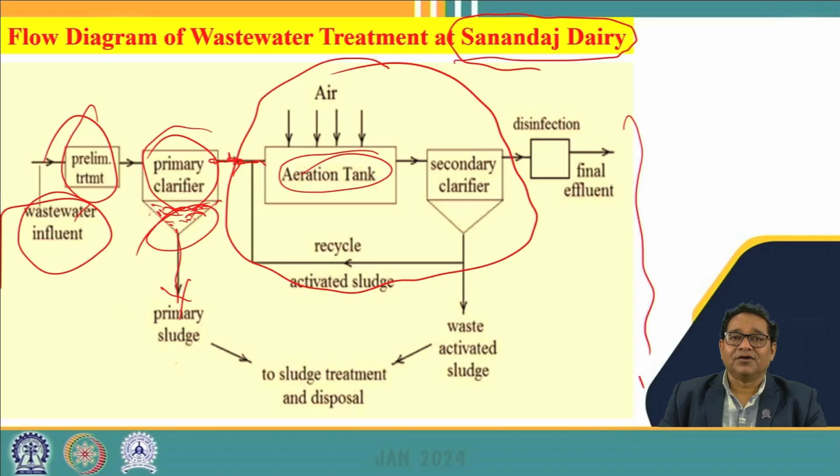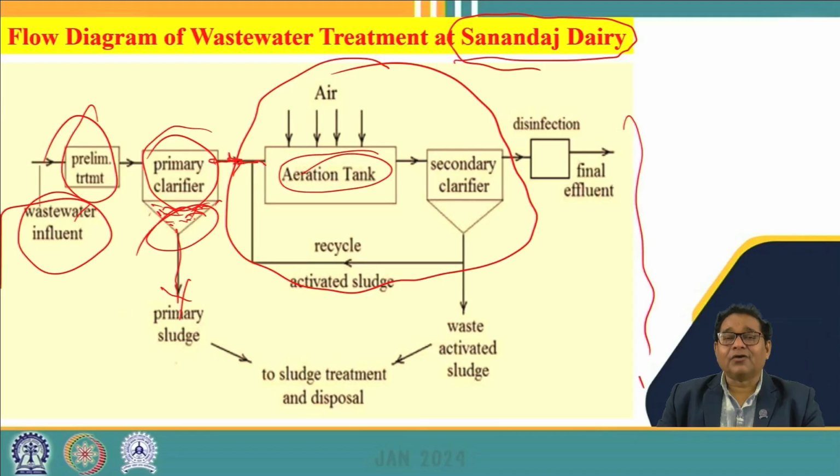Here, the settled wastewater comes to the aeration tank, the aeration chamber, where it is aerated through various mechanisms. Diffused air is provided into the wastewater, so it gets a lot of oxygen, which is required by the aerobic bacteria inoculated into this tank.